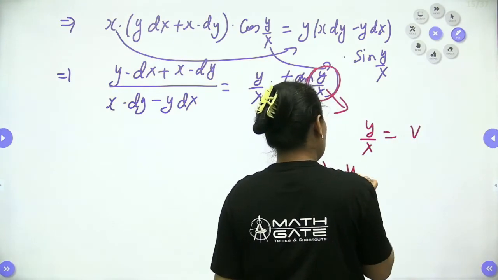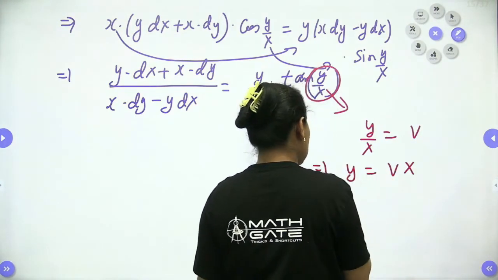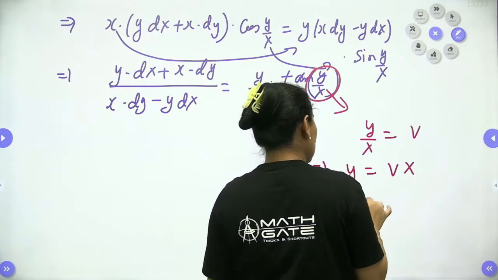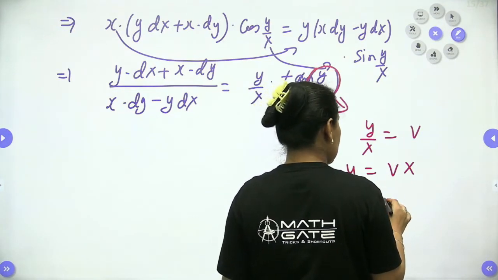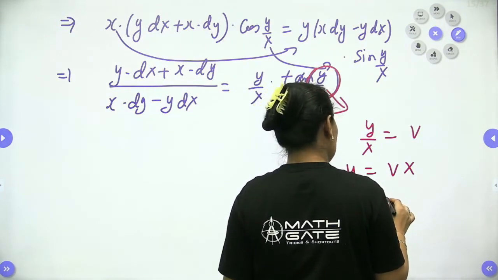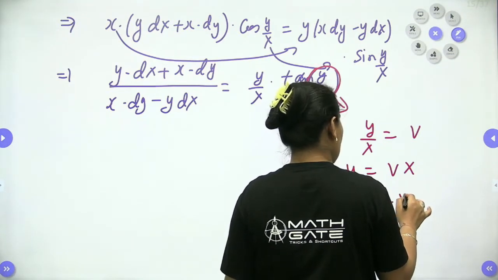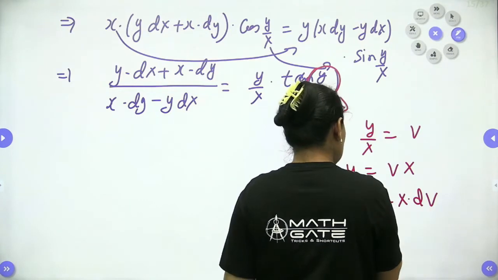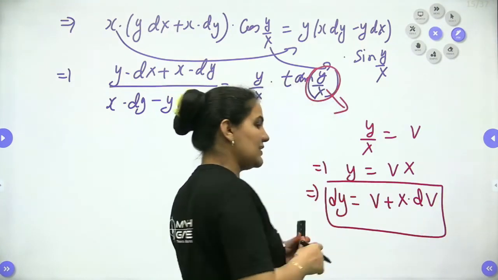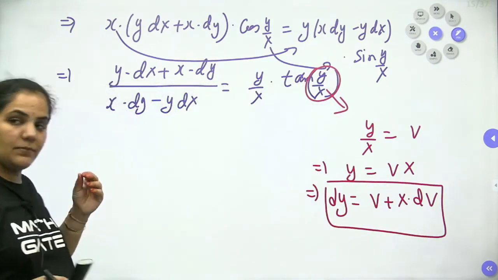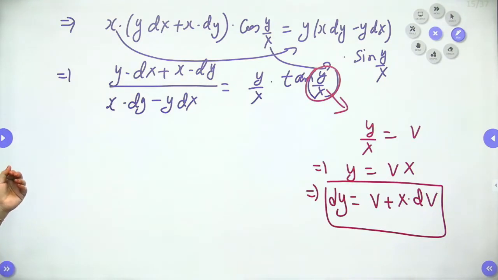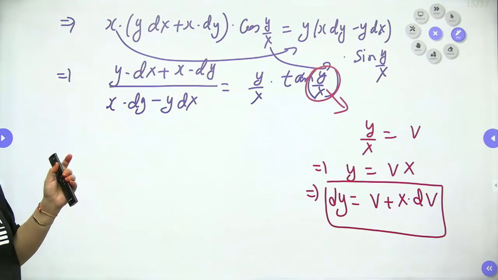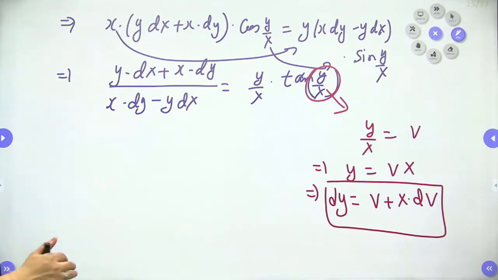Then y is equal to vx, and dy is equal to v dx plus x dv. The dx terms cancel out, so you can put dy equal to v plus x dv in place of dy, which makes it easy for you.